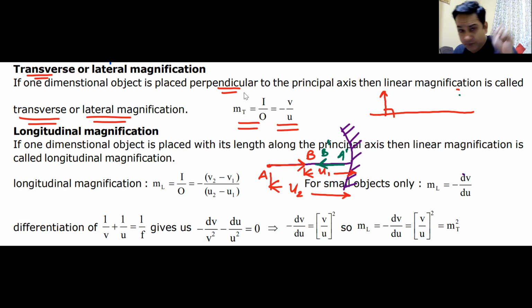So we'll have a distance of the end A, the image end A dash, and I will also have distance of the end B dash, which is the other point. That will be v2 minus v1.